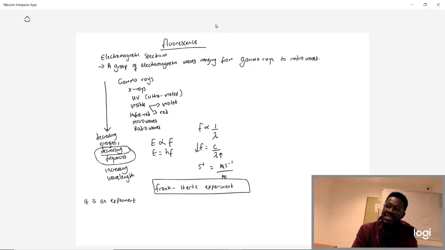So it's an experiment to show that atoms take up energy in quanta. They take up energy bit by bit, not continuous. So it's an experiment to show that energy uptake by atoms is quantized.